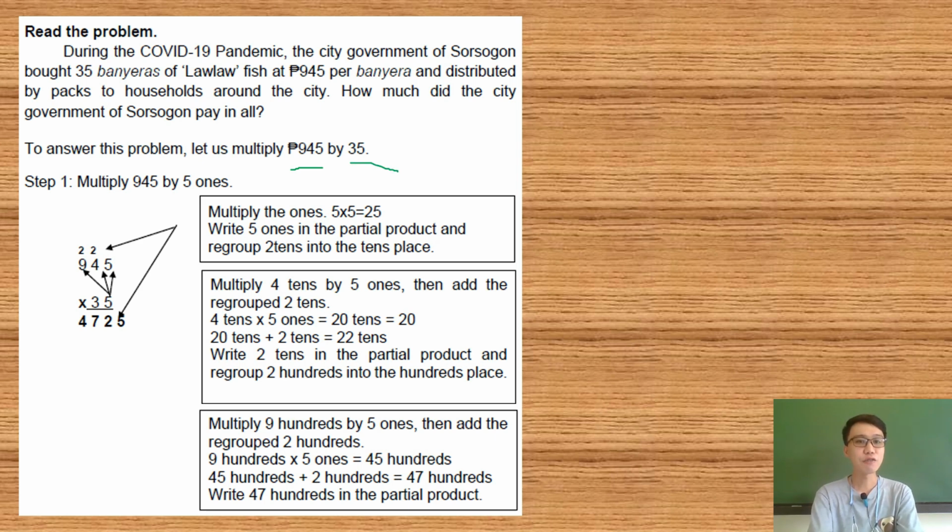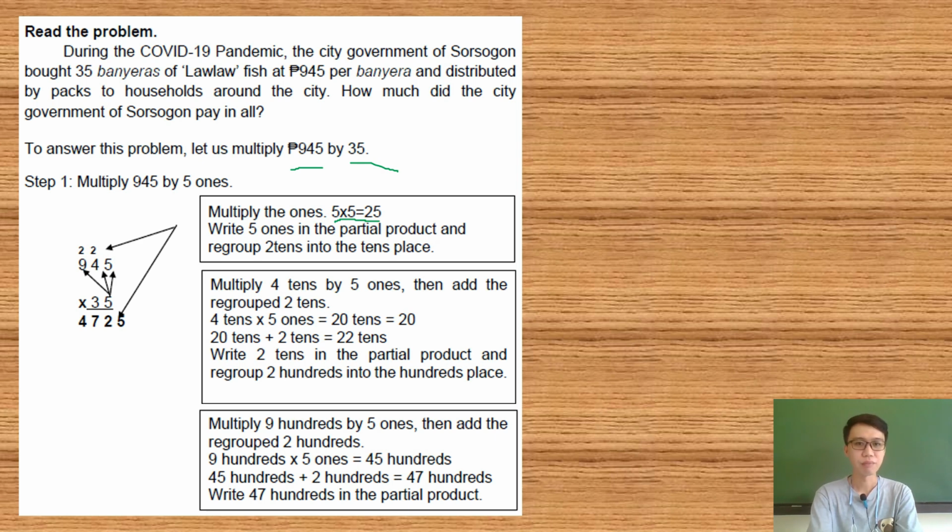Here's the first step. Multiply 945 by the ones. 5 times 5 is equal to 25. Write 5 in the partial product, and regroup 2 tens into the tens place.